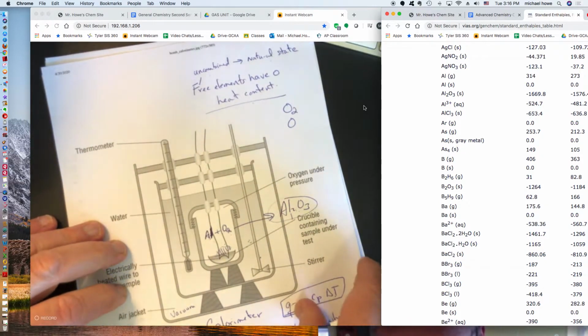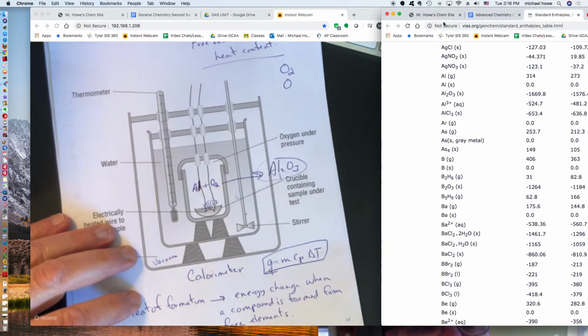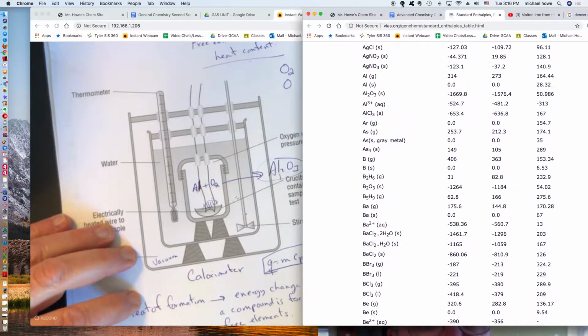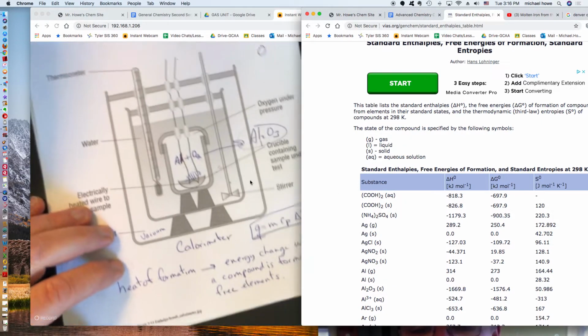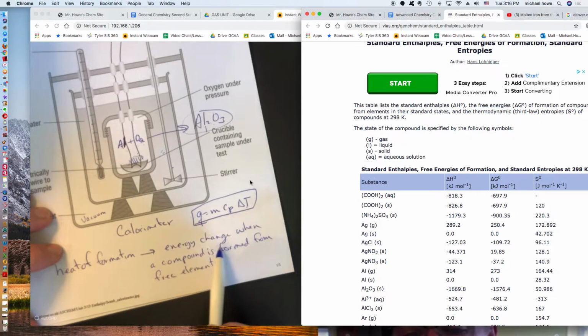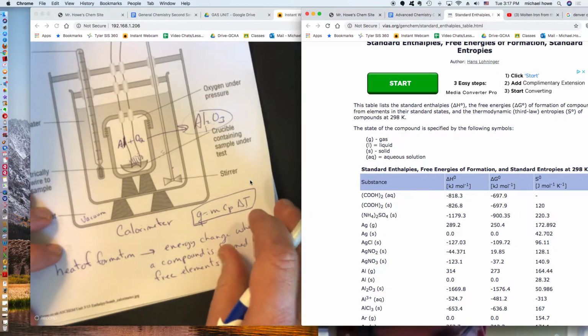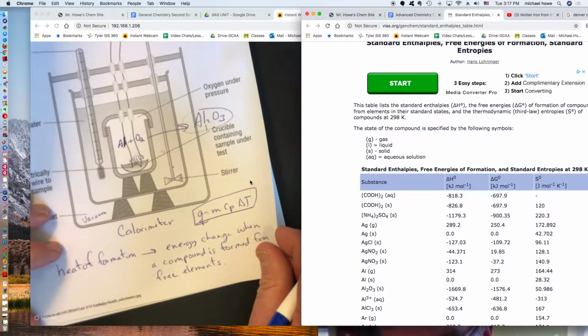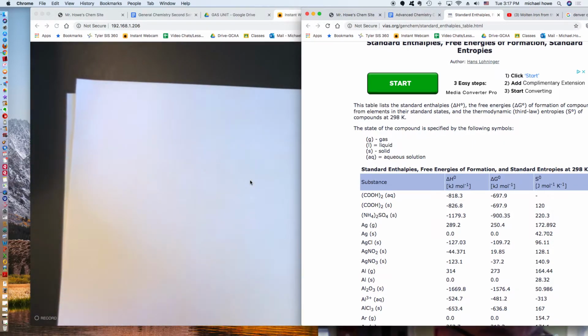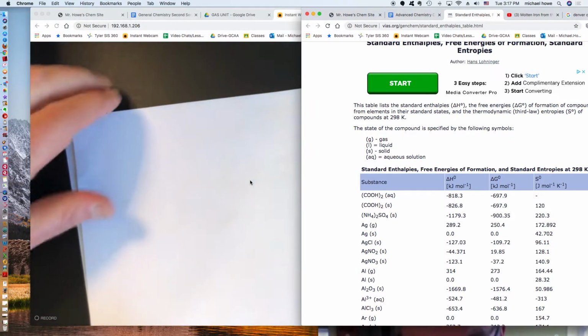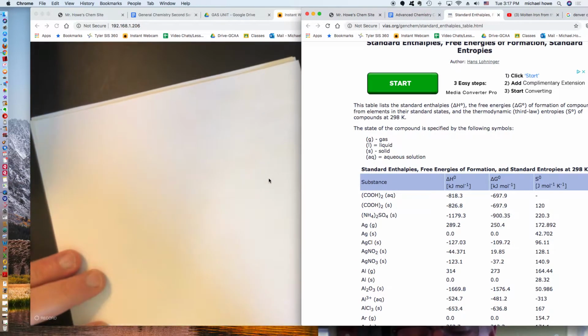So technically then, the numbers on this chart are called heats of formation, or standard enthalpies of formation. And the heat of formation is the energy change when a compound is formed from free elements. Now, there's an equation that we use to calculate energy changes using these heats of formation.